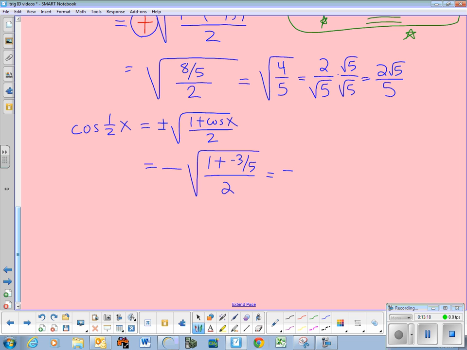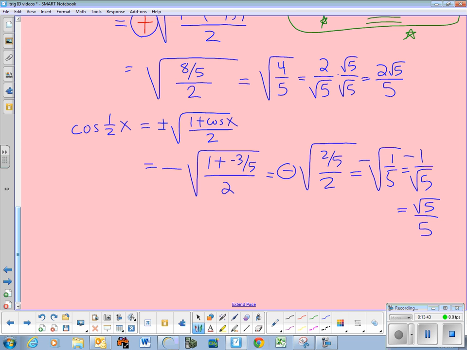Okay, so negative square root of 5 fifths minus 3 fifths is 2 fifths divided by 2 is 1 fifth. 1 over square root of 5, rationalize: square root of 5 over 5. So the cosine of 1/2 x, oh, excuse me, I made a big deal about this negative sign and then I lost it, is negative square root of 5 over 5.